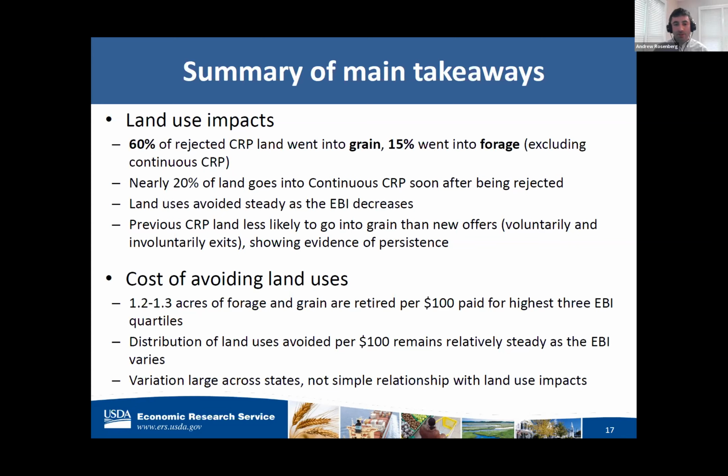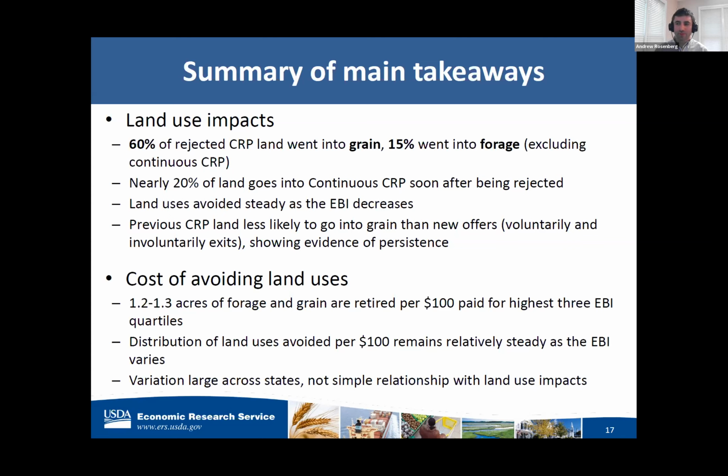Yeah, I mean, it's an interesting question that definitely needs some looking into. We haven't looked at it all that much. What determines who goes into continuous or who doesn't? But there's definitely that trade-off. I think, as you alluded to, you get a higher payment in continuous, but there are higher requirements.